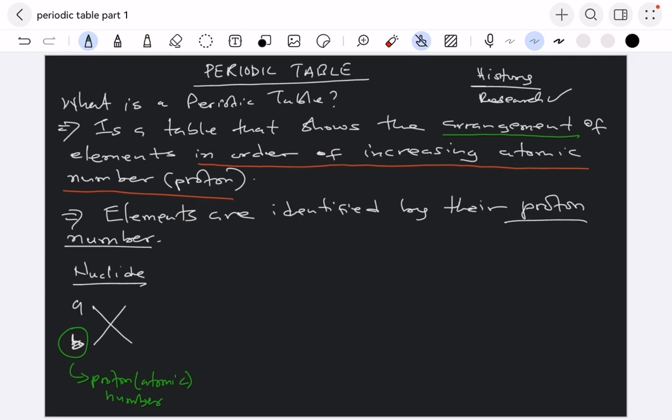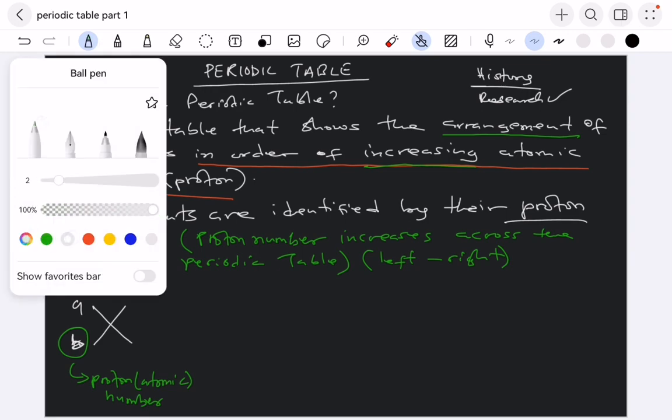So they're saying they are arranged in order of increasing proton number. This basically means that the proton number increases across the periodic table, meaning from left to right, the proton number is increasing.